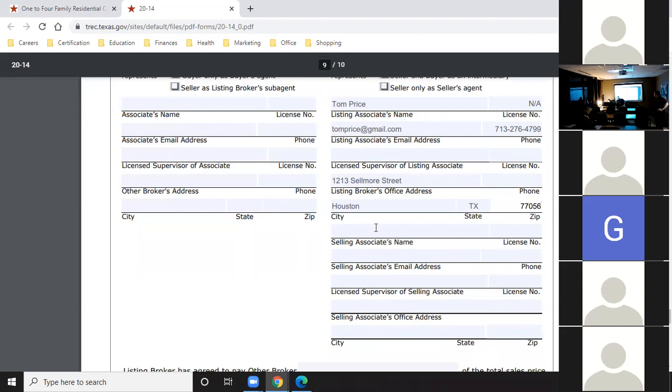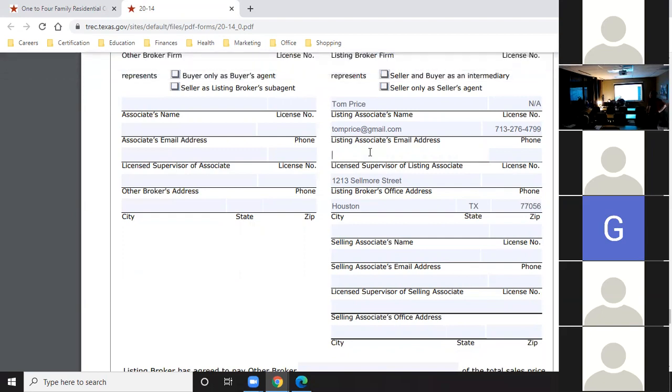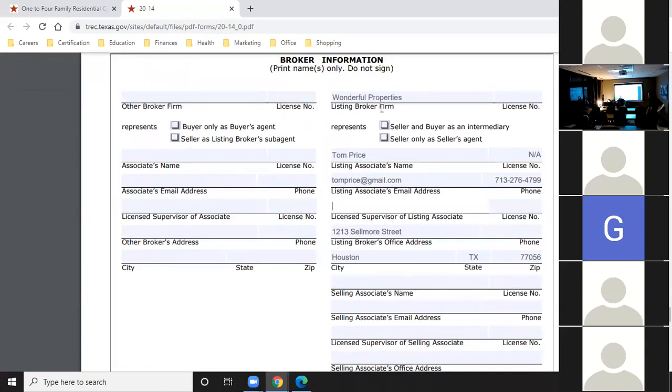All right. So let me explain something real quick while we got this opportunity. Had Mr. Tom Price represented both parties, we would have checked the very top box that says seller and buyer as intermediary. However, because he is not representing both parties and there's two brokerages, we would check box 2 because he's only going to be representing as the seller's agent, meaning he represents the seller only.